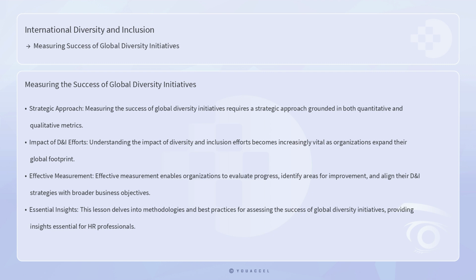Effective measurement enables organizations to evaluate progress, identify areas for improvement, and align their D&I strategies with broader business objectives. This lesson delves into the methodologies and best practices for assessing the success of global diversity initiatives, providing insights that are essential for HR professionals, particularly those pursuing the Associate Professional in Human Resources International certification.